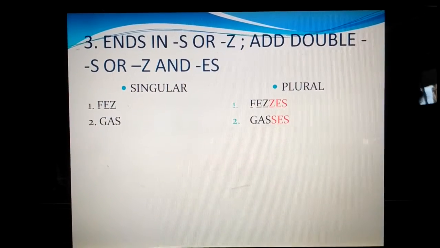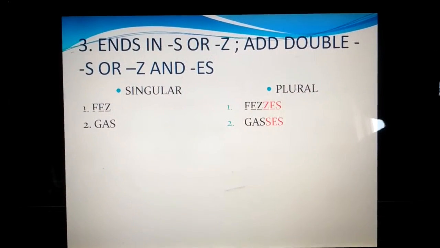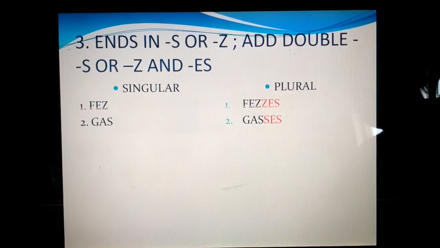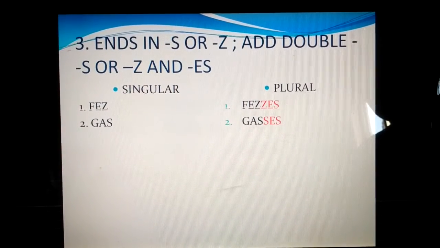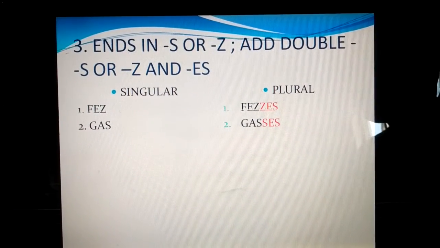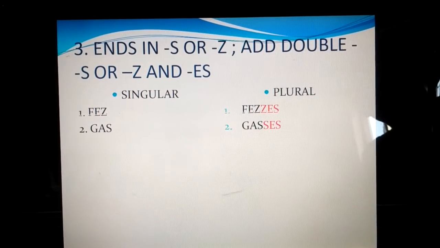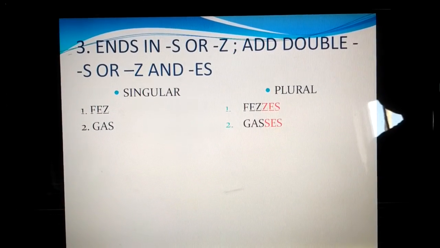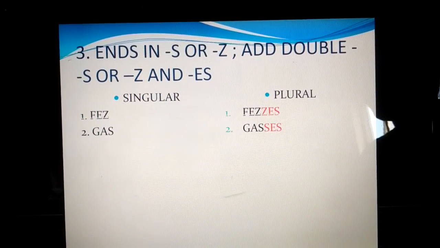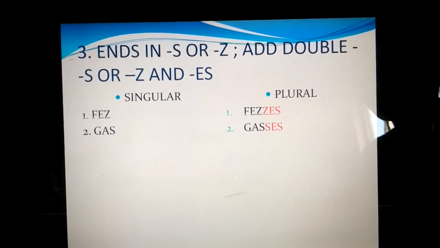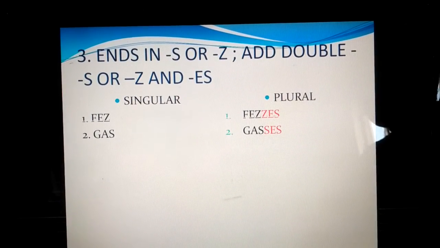Okay, then the third rule. The third rule is for nouns that end in s or z, in that case we double the s or z, and also add es. For example, look at the second example, gas.